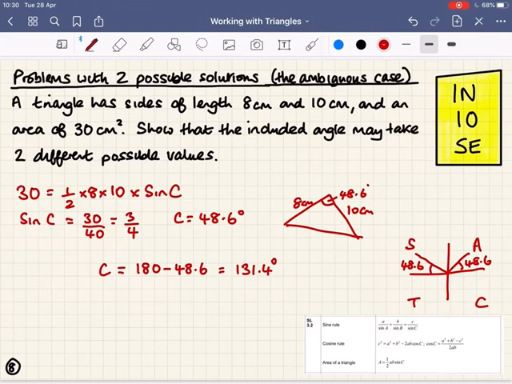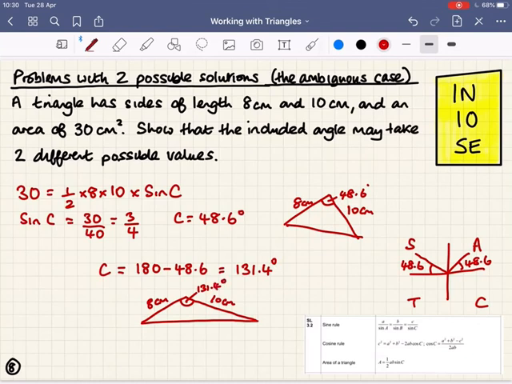Look back at the work that we did on the unit circle if this isn't clear to you, if you've just jumped in on this video. But there are two solutions. And that would give us a triangle with a side of 8, this time at an angle greater than 90 degrees, 131.4, and a side of 10 there. Like that. And the angle here would be 131.4.